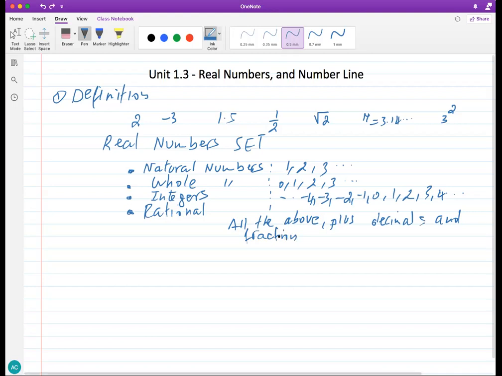For example, this is a decimal here, 1.5, or it could be a fraction, 1/2, which is technically a decimal. What's the decimal of 1/2? 0.5. That's right. It's the same number, different forms.